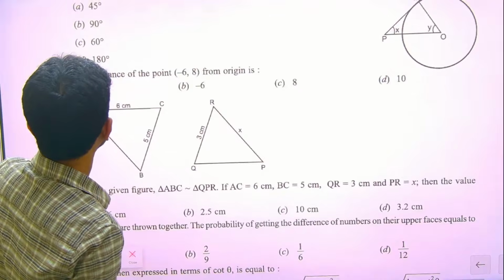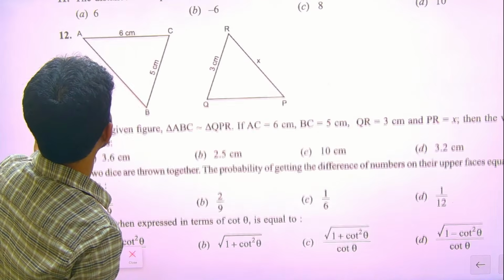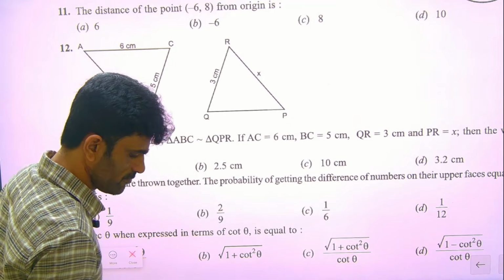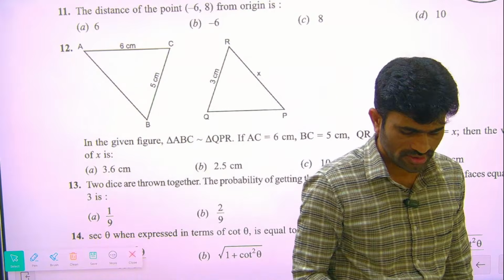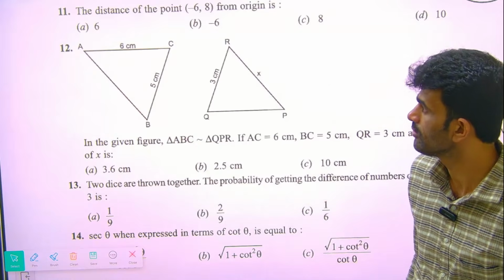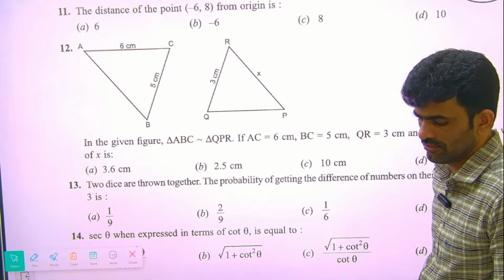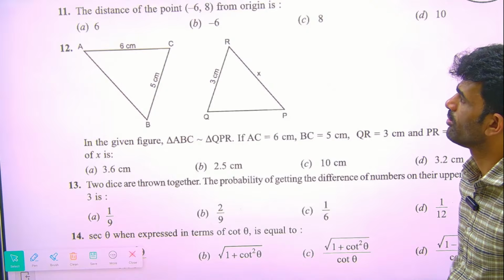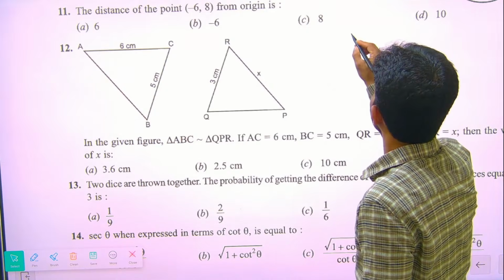Question number 11. Distance from the origin, coordinate geometry. How do we find the distance from the origin? We can use the distance formula, but when it is the origin, we have one direct formula.